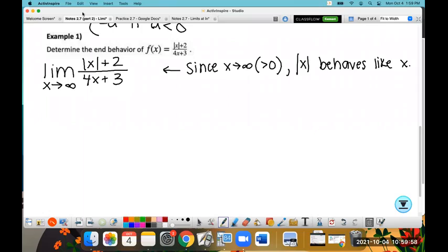So we can go ahead and replace that in this function. So the limit of that function is going to be the same limit as the function x plus 2 over 4x plus 3. It's not that the functions are the same, it's that the limits of those functions are going to be the same.